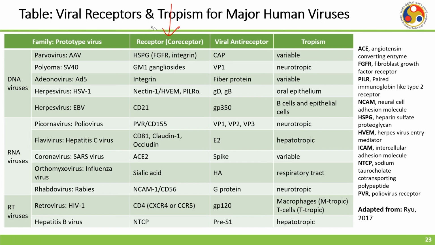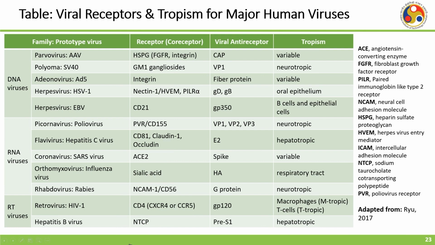For example, for parvovirus, the receptor is HSPG, and for polyoma it is GM1, and so on. For coronavirus, you have the ACE2 receptor, and you have CD4 for HIV-1 and anti-CP for the hepatitis B virus.